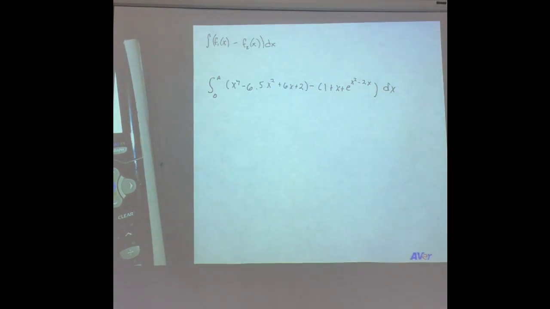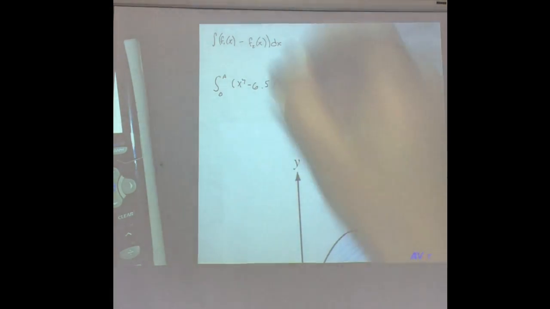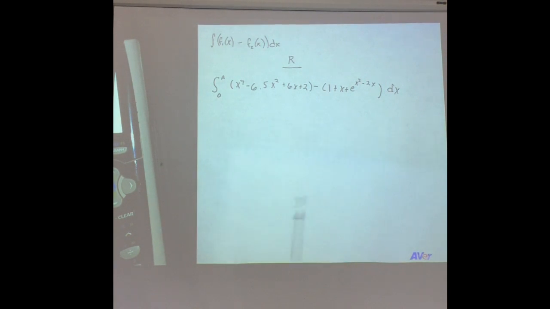So this is our integral for section R. So we'll go ahead and label that as R. We can plug that into the calculator now.